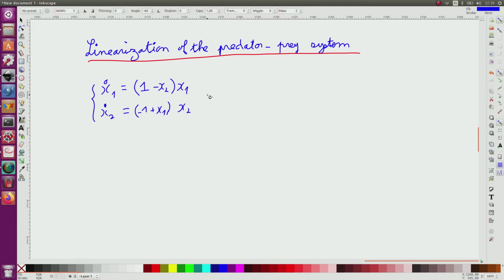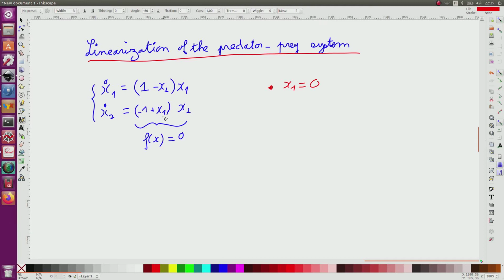equilibrium point. To find an equilibrium point, I have to solve f of x equal to 0. For this we have two cases. The case where, let's say, x1 equals 0. If I want this to be equal to 0, it means that the first line will be equal to 0 and the second line should be equal to 0.